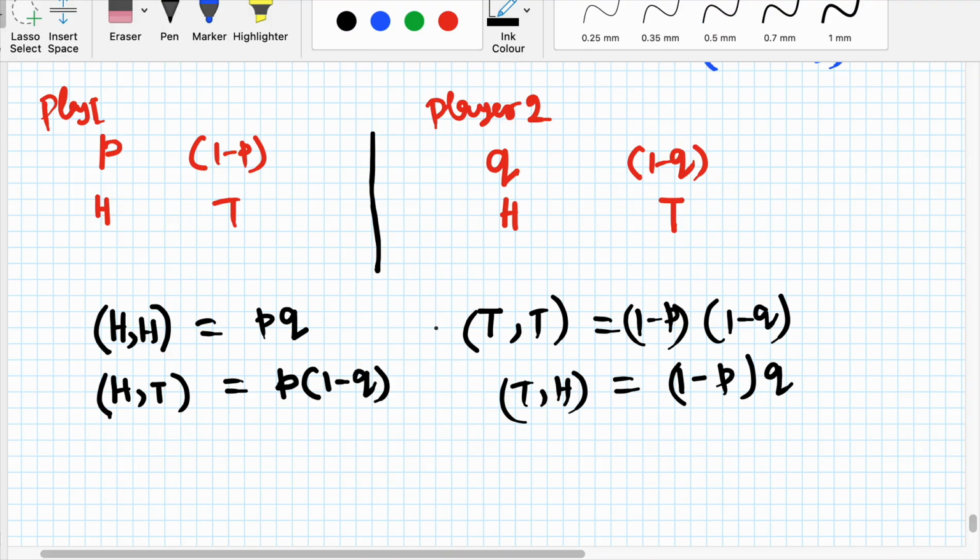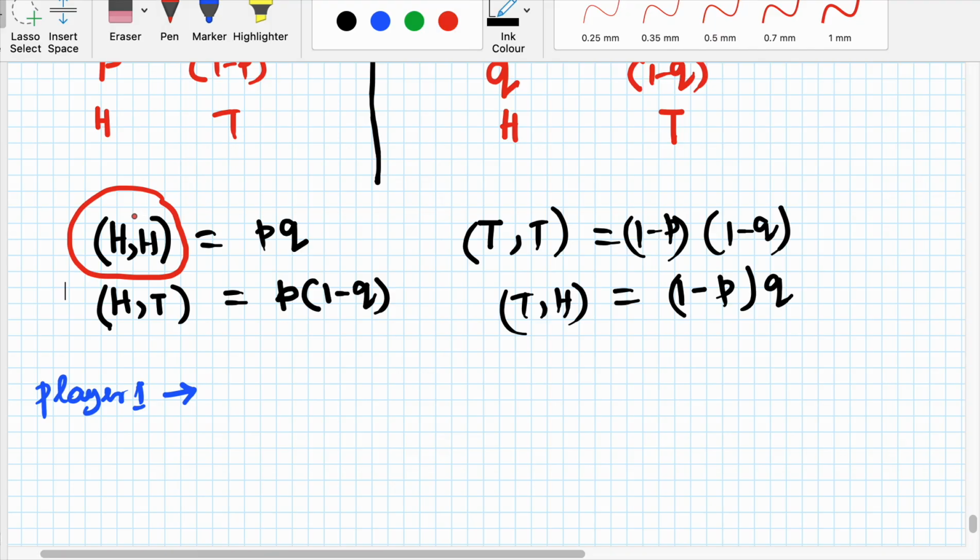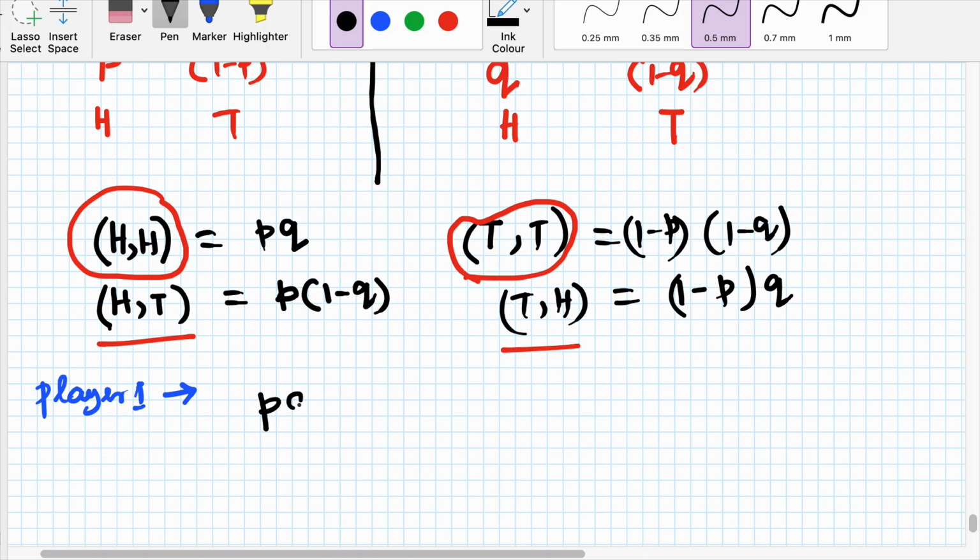Now let us see the outcomes from player 1's perspective. In the matching pennies game, we know that player 1 gains 1 rupee in these two situations and loses 1 rupee in the other two. So the probability that it will get plus 1 rupee is pq plus 1 minus p into 1 minus q.